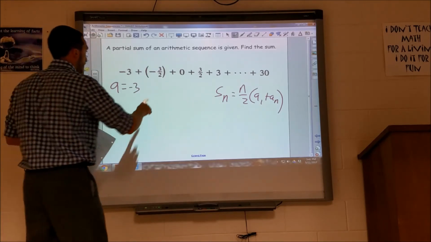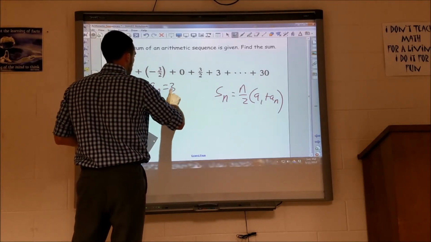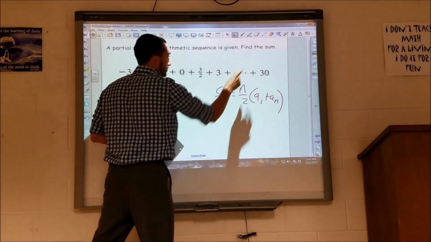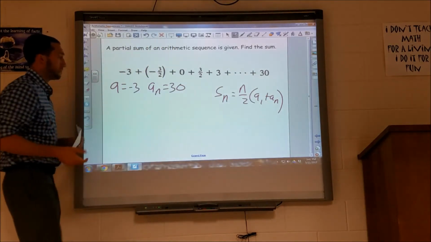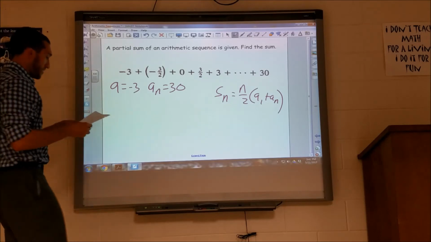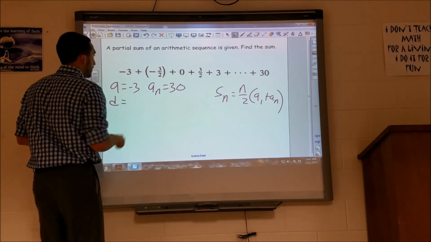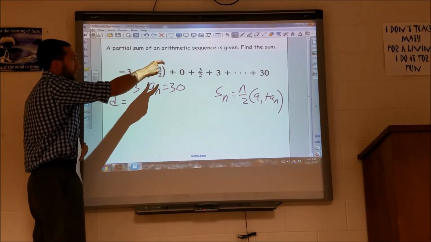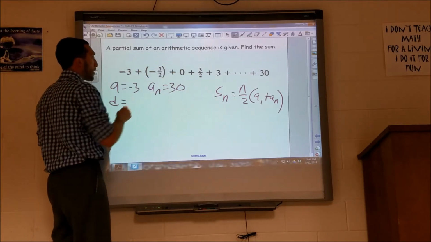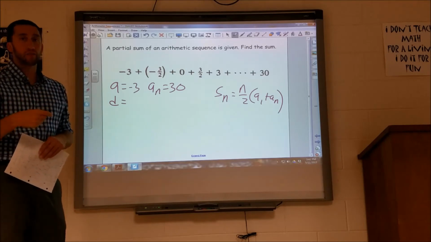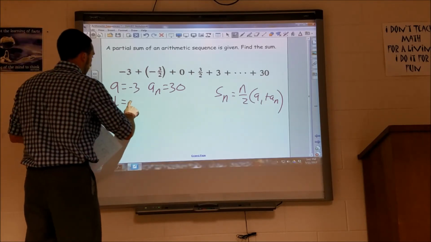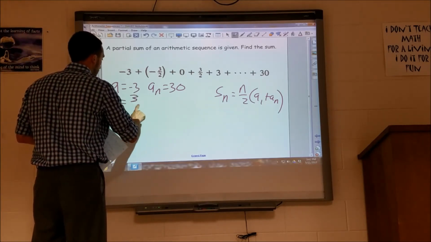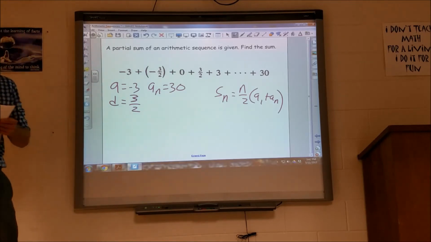We know our last term. Right? They told us the last term. They told us the first term. We know our common difference. Well, how am I getting from negative 3 to negative 3 halves? And then from negative 3 halves to 0? Well, I'm adding 3 halves, or I'm adding 1.5. So I know my common difference is 3 halves.